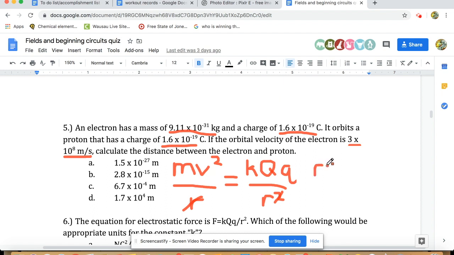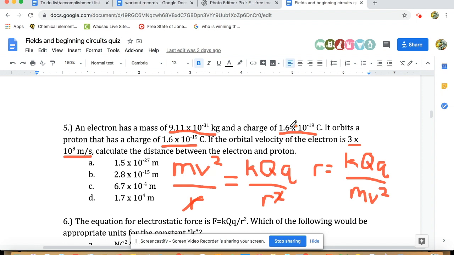So r is going to equal, multiply it over here, divide by mv squared. It's going to equal k times q times q over mv squared for this particular situation. Now k is a constant. It's 9 times 10 to the 9th.